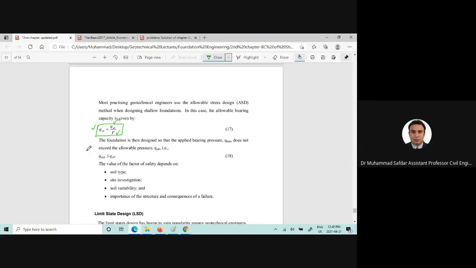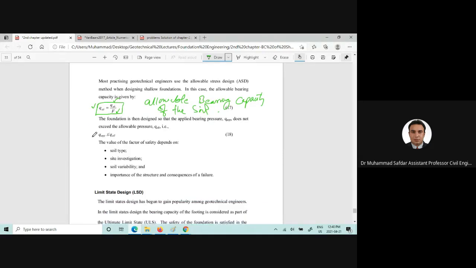That approach is known as the allowable stress design philosophy because we get the allowable bearing capacity of the soil. And if the Q applied is less than or equal to the Q allowable, then we are on the safer side.